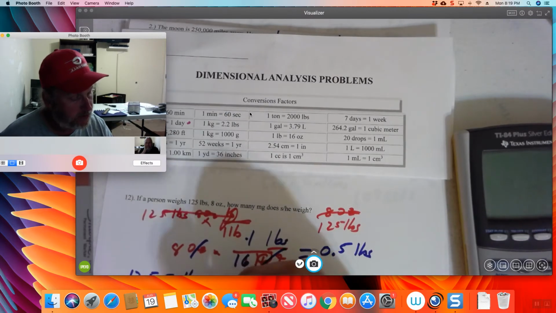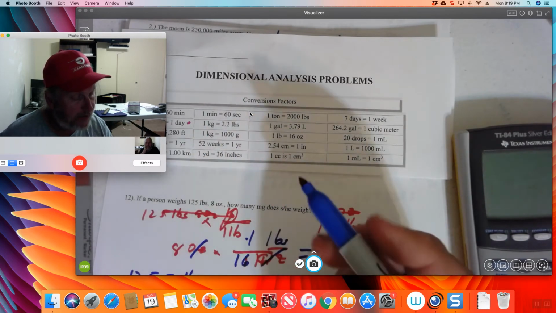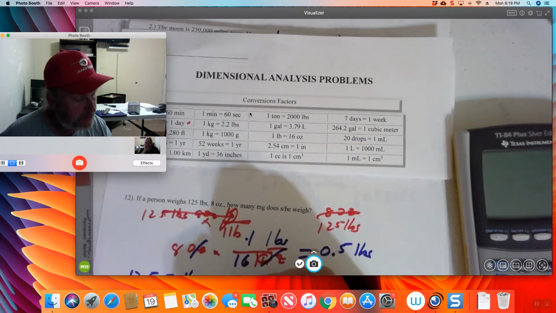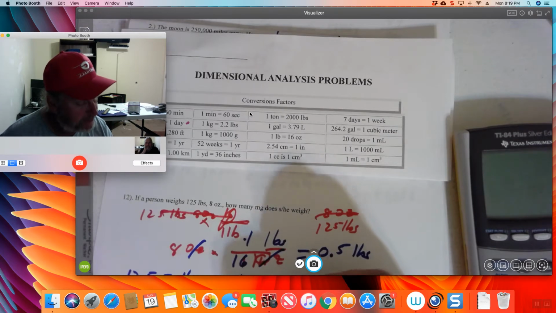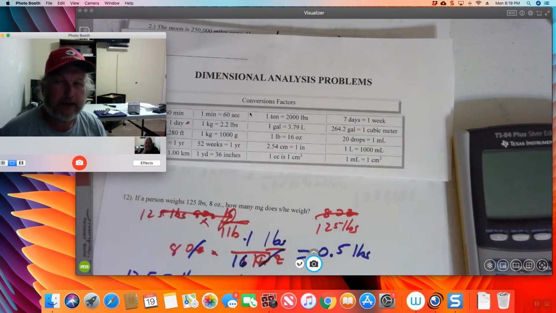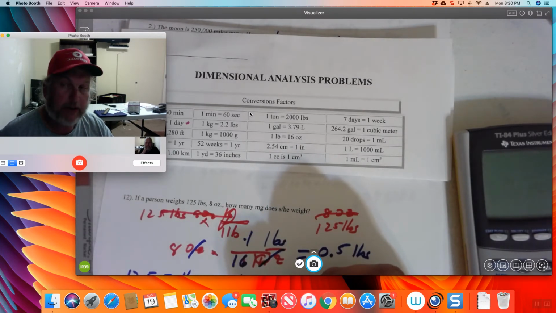Now I need to take those pounds into kilograms. Then I can take that into grams. So pounds, kilograms, then I go from kilograms. If you remember what I talked about today, a gram's a base unit. So the kilo means how many base units it is. And 1 kilogram, how many grams?